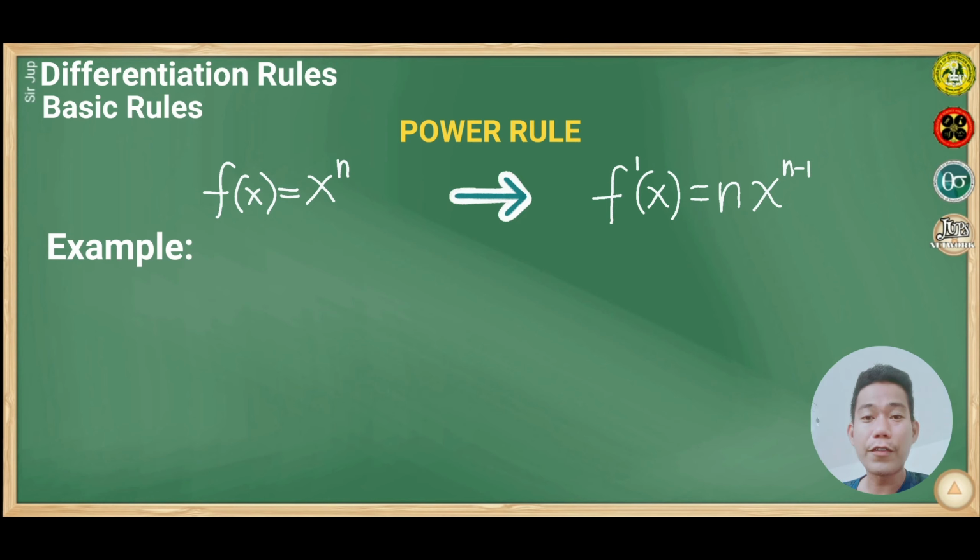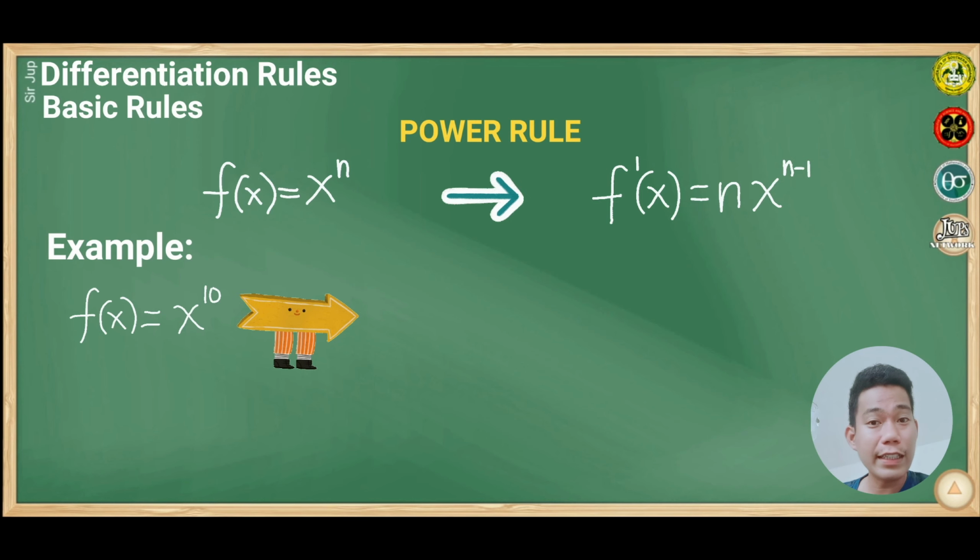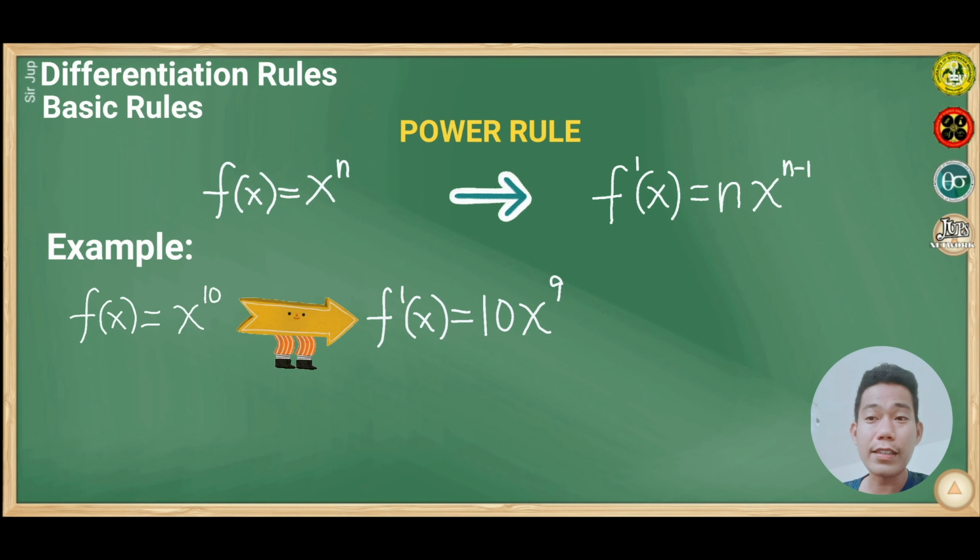For example, if we find the derivative of x to the 10, the derivative of x to the 10 is just equal to yung 10 magiging coefficient na, so 10x to the power of, yung matira lang sa exponent is 9. Kasi 10 minus 1 equals 9.